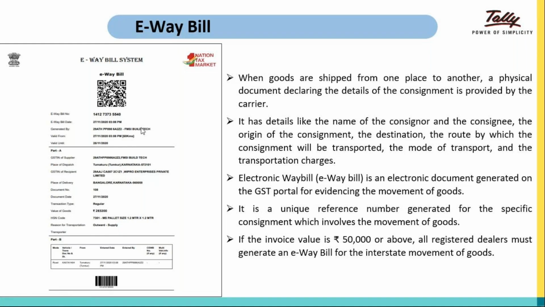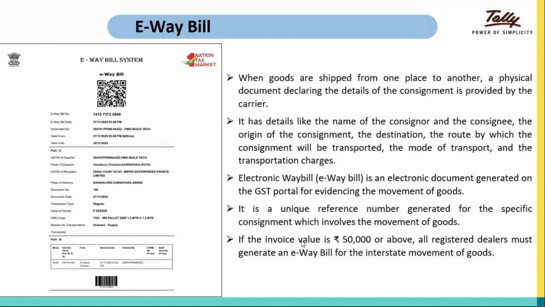Okay. Now, in the last point, I was explaining the threshold limit for interstate. What about intrastate? What if you are transporting taxable goods within the same state? Even in that case, you have to generate an e-way bill, but again there is a threshold for that as well.